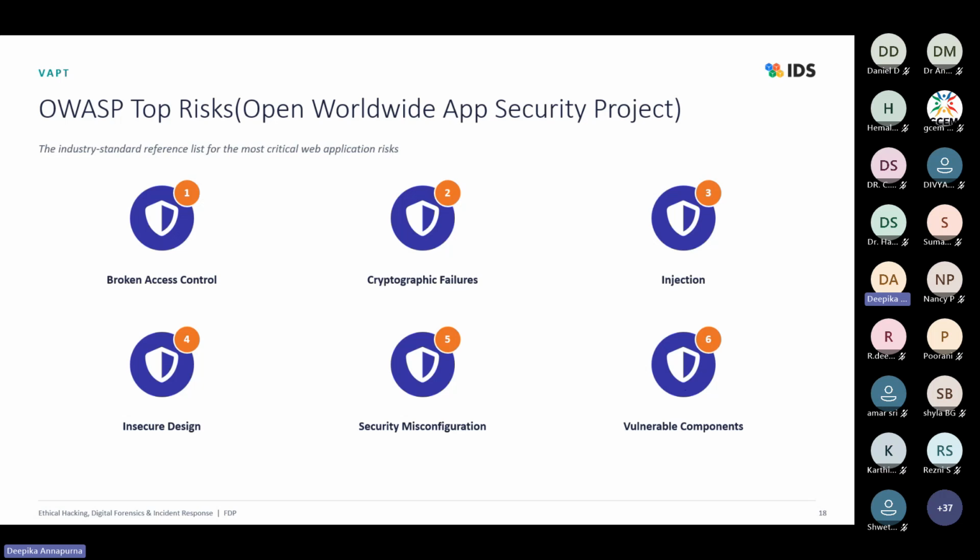So, what do you mean by vulnerable components? Let's say the application is having outdated libraries or outdated software or frameworks which are publicly known to be vulnerable. These are called vulnerable components. These are the 6 OWASP top risks. We actually have the OWASP top 10 risks. You can check it after this class. Okay.